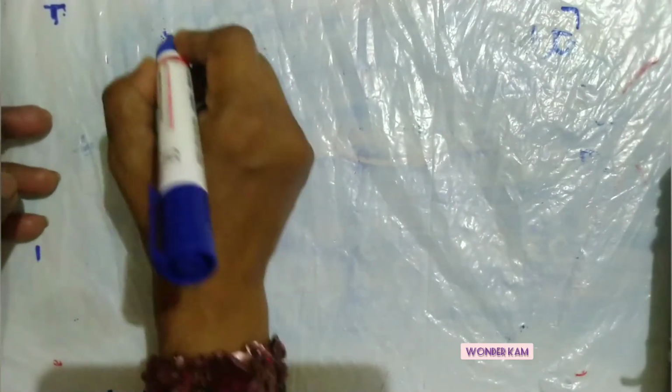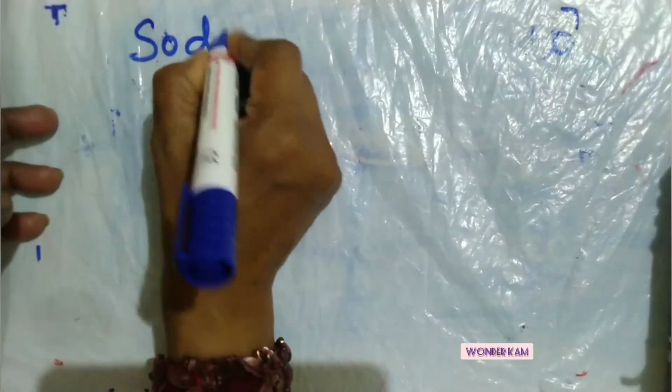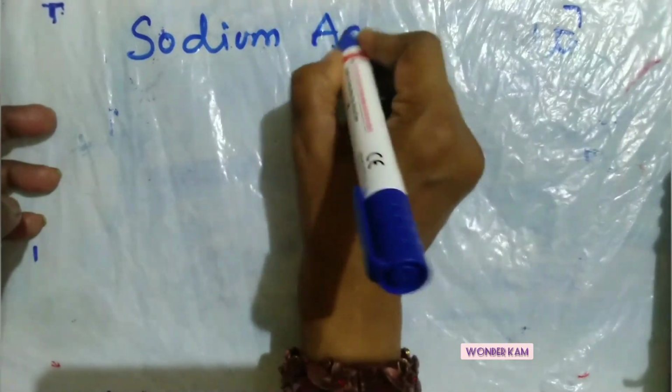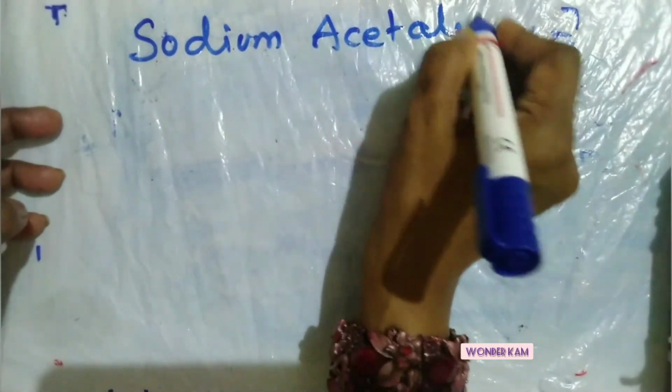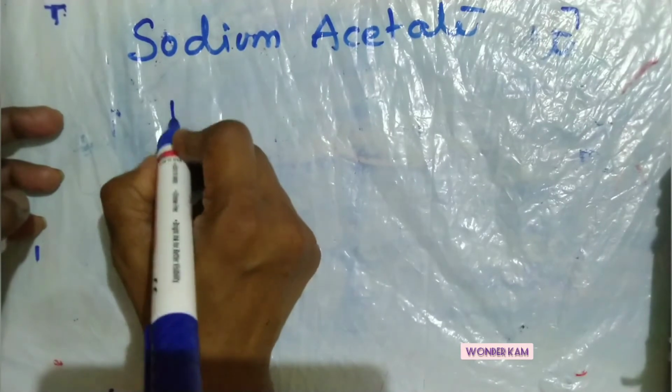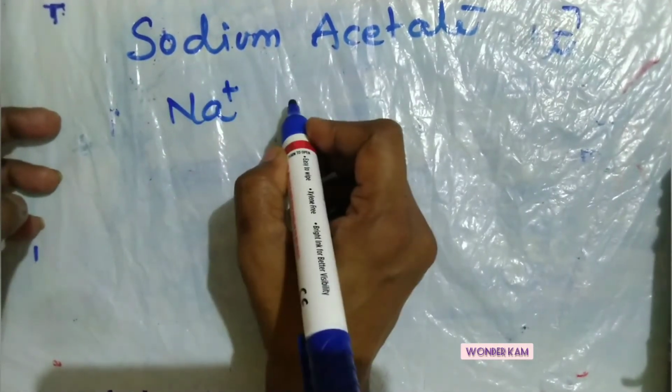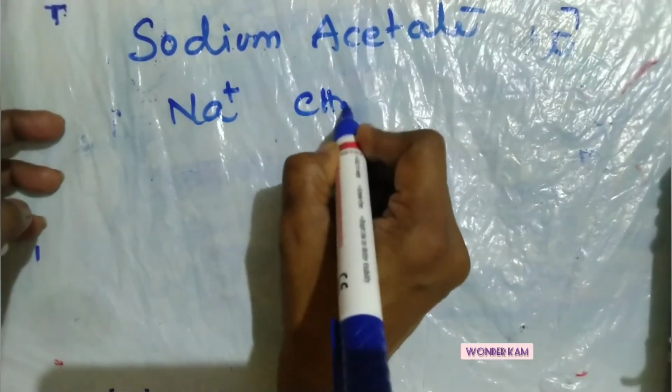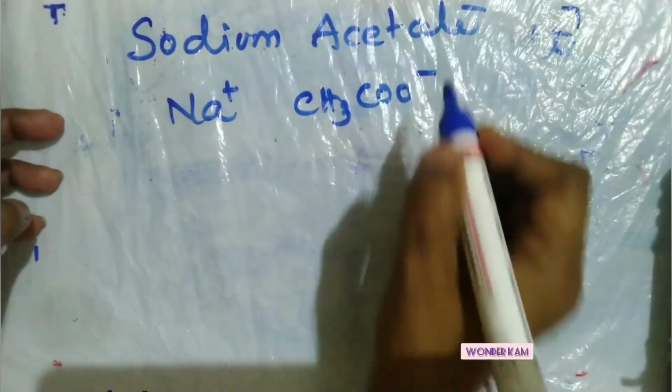Then we come to sodium acetate. In sodium acetate, we have sodium plus and CH3COO minus.